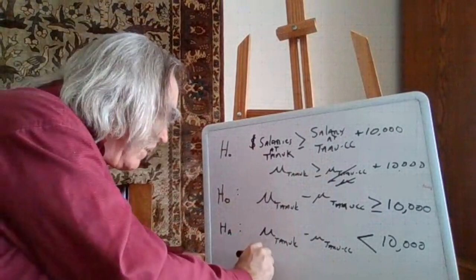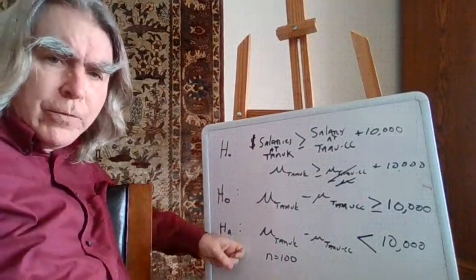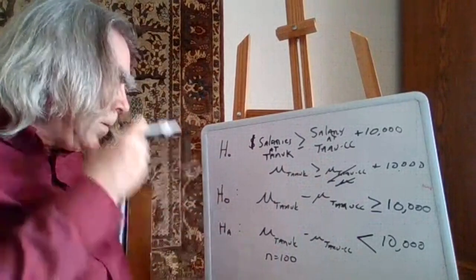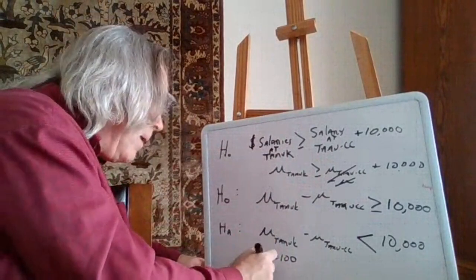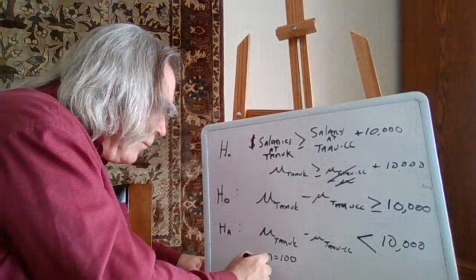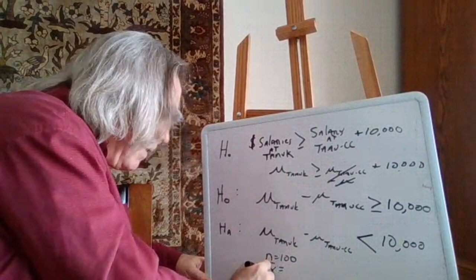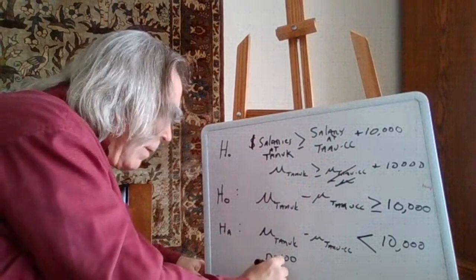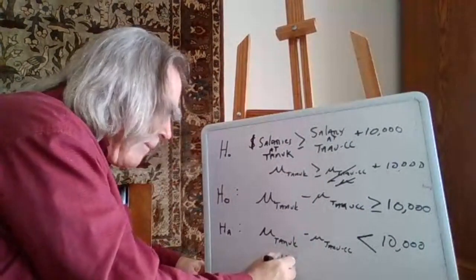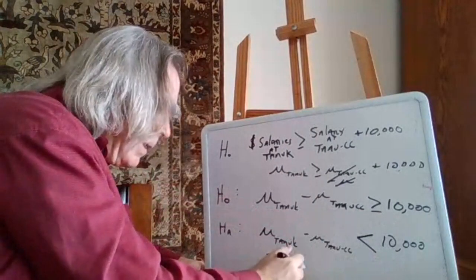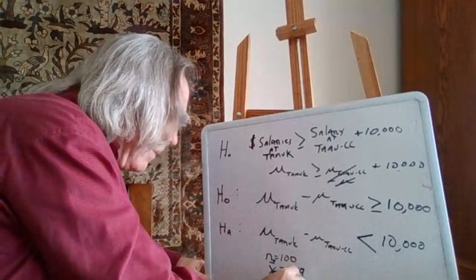For here, let's assume that we are taking 100 faculty members, n equals 100. Let us assume that our average salary from TAMUK is 89.